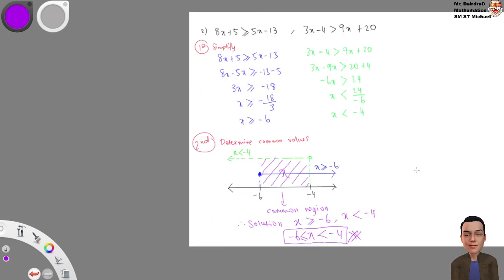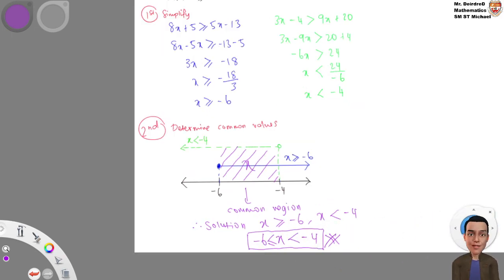Okay, not this one, not x greater than or equal to negative 6 and then x less than negative 4. You must combine it into transitive form. Still remember transitive form, if I'm not mistaken? Wait, I have to check our notes first.